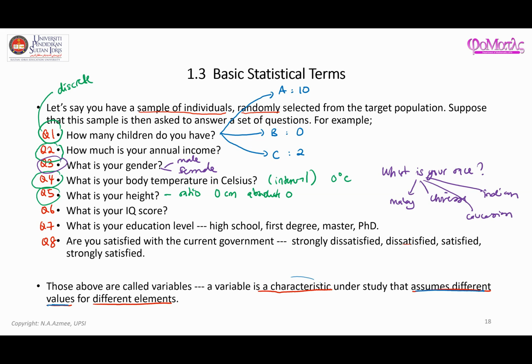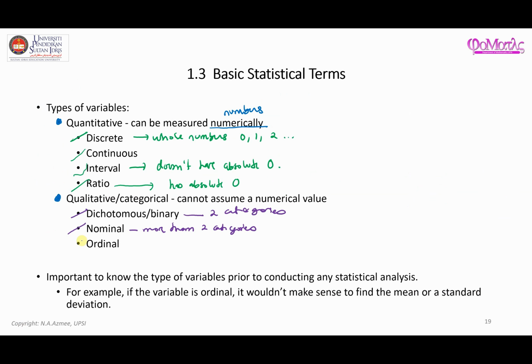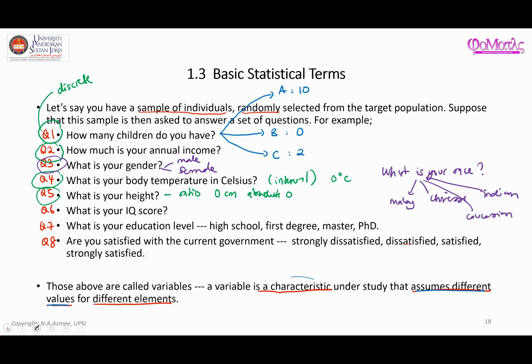All right, and lastly is what we call the ordinal variable, and this word comes from the root word order. It has some sort of order, either ascending or descending. As an example, these two variables here are examples of ordinal variables.